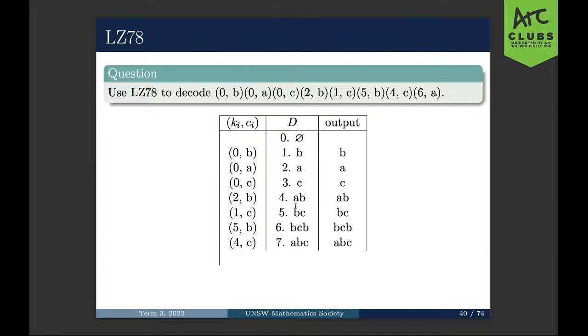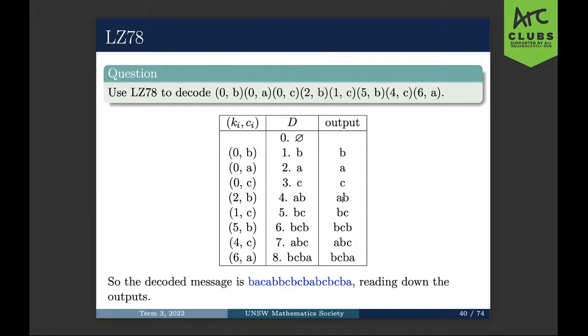For C, again, we extended the fourth one by C, so we get ABC, we output that. For the last one, we extended the sixth one by A, so BCBA, and we output that. And the decoded message is then the outputs put together in one big string. So BAC, AB, BC, BCB, ABC, BCBA.